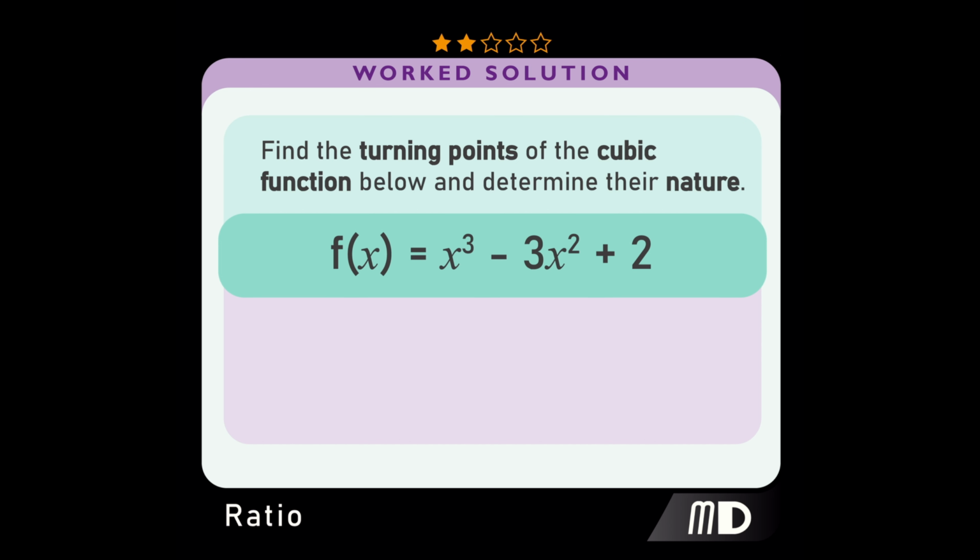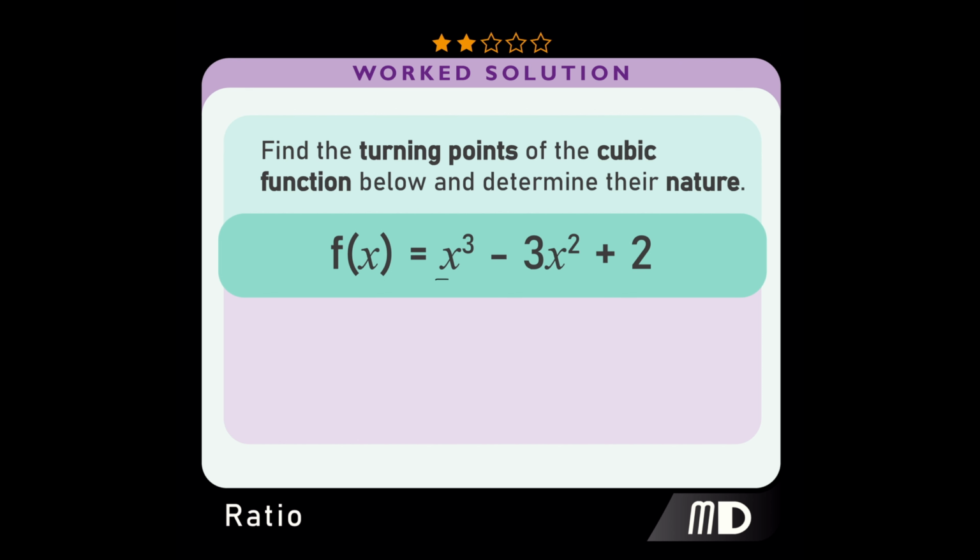So let's begin by finding the first derivative. If f of x is equal to x cubed minus 3x squared plus 2, we need to differentiate each term to find its derivative. We do that by multiplying the coefficient of each term by its exponent before reducing the exponent by 1.